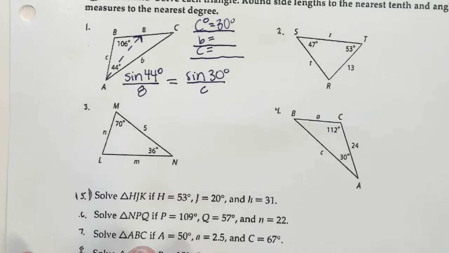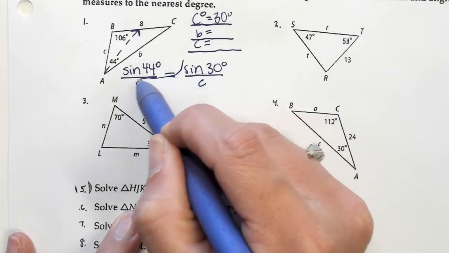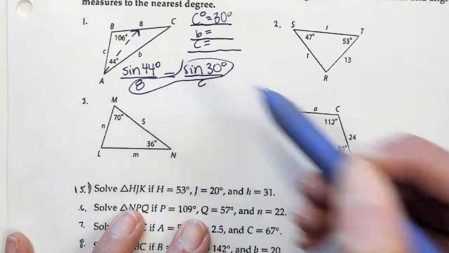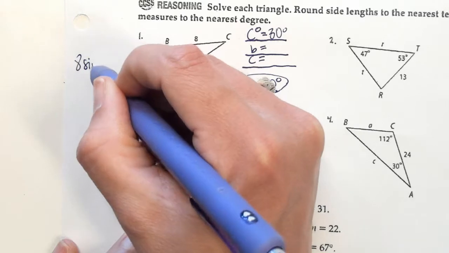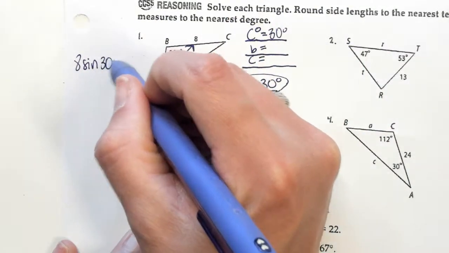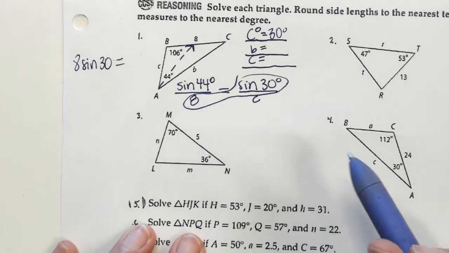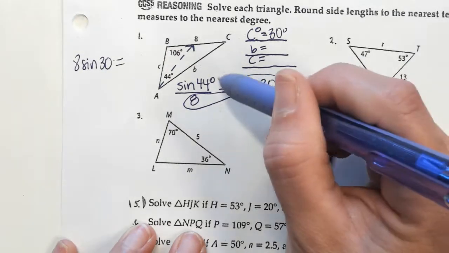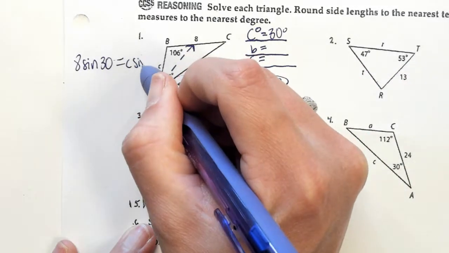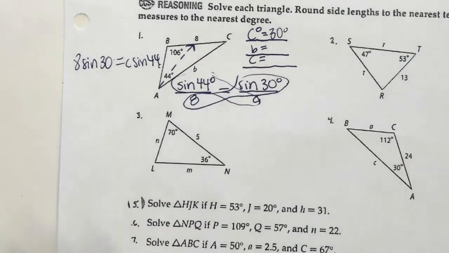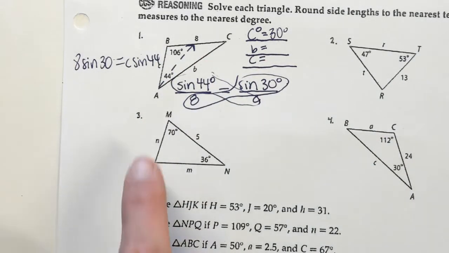Good. Easier way? Cross multiply. Very good. So when we cross multiply, we'll have what on the left side? 8 sine what? 30 equal, because when you cross multiply, you set them equal to each other. And what will we get when we multiply these? C sine 44.